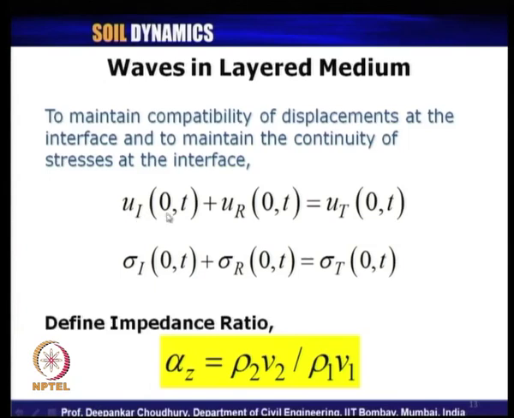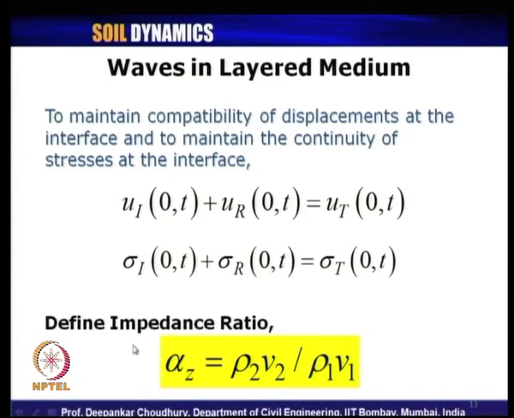So, that is why at x equal to 0, the incident wave and reflected wave displacement, summation of that should be equal to the transmitted wave. And similarly, for the stress amplitude, we have seen that incident wave stress amplitude plus reflected wave stress amplitude must be equal to the transmitted wave stress amplitude.